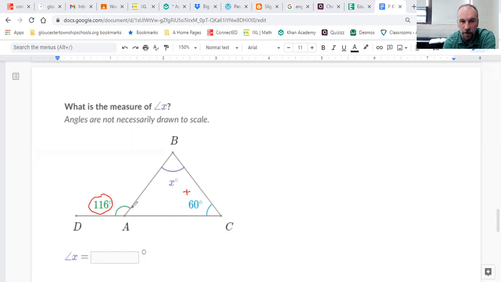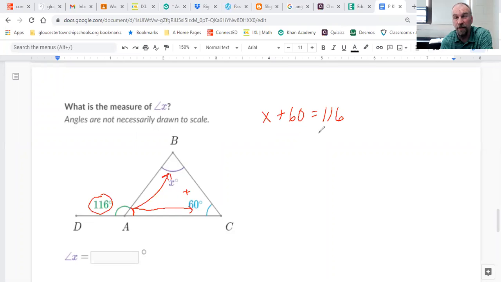Remember, I ignore this guy because that's adjacent to the 116. I look at the two remote interiors away from the exterior, and I know that they add to make the exterior. So I know that the x and the 60 have to add to make 116.